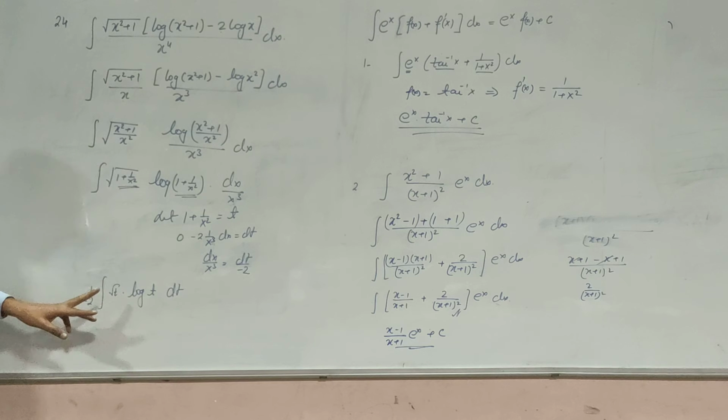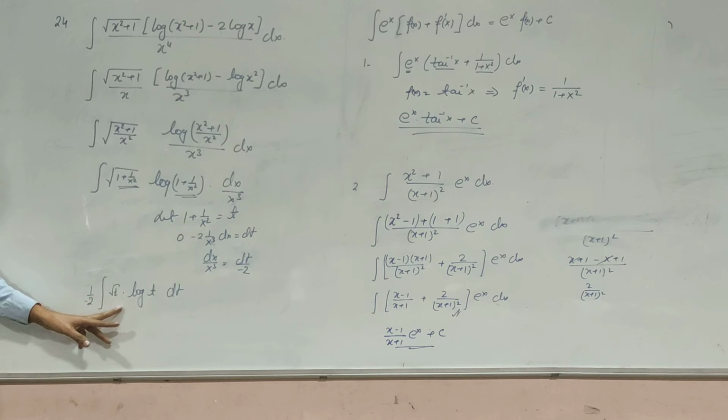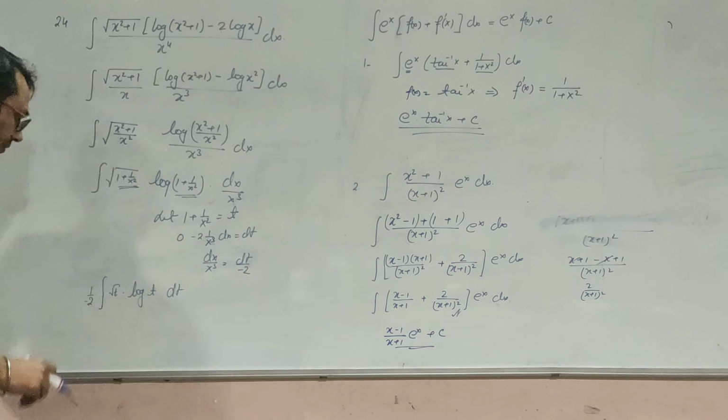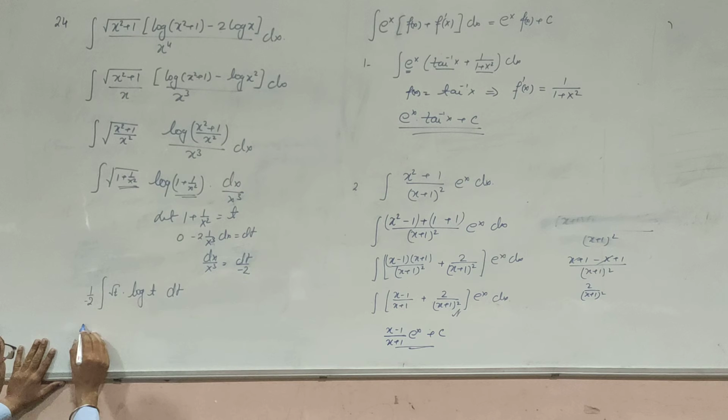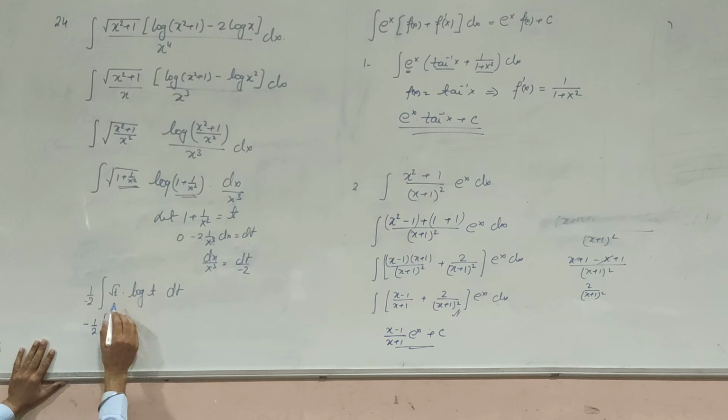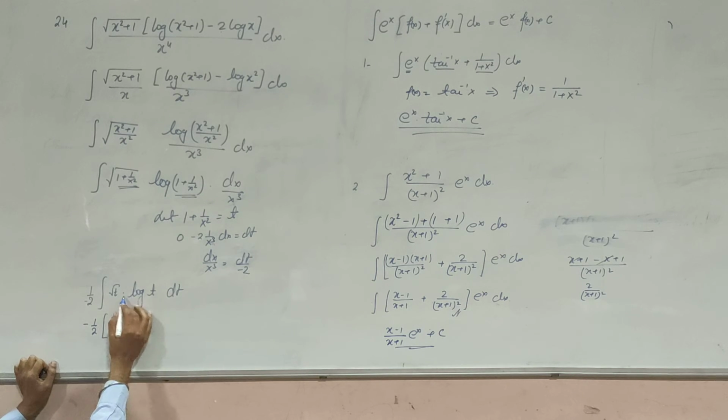Separate. Now what could be done with this? We need to apply by parts. By parts means which must be taken as the first function. I hope you remember ILATE. L is coming first, then algebraic is coming.